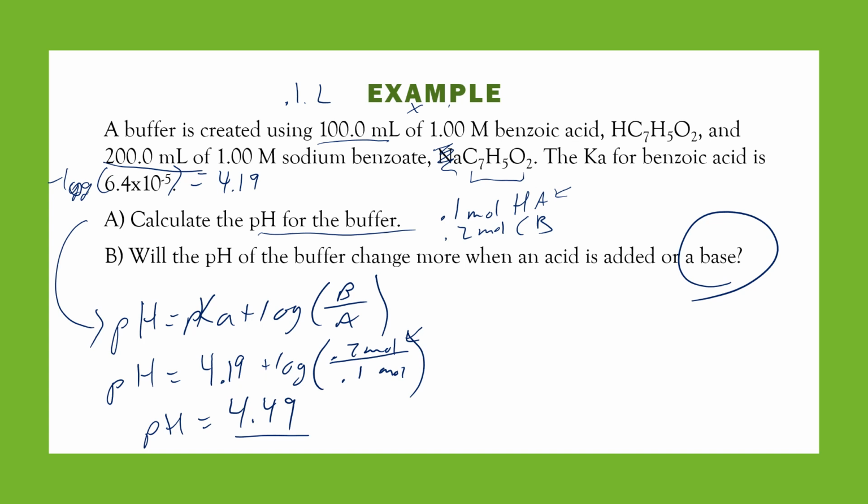Because there's less acid, there's a lower buffering capacity for a base being added, so the pH will be able to change a lot quicker when you add in the base with the weak acid solution. If you add in an acid, it will have more of the conjugate base that it can react with and neutralize, so it will take longer to see a pH change when you add in an acid.